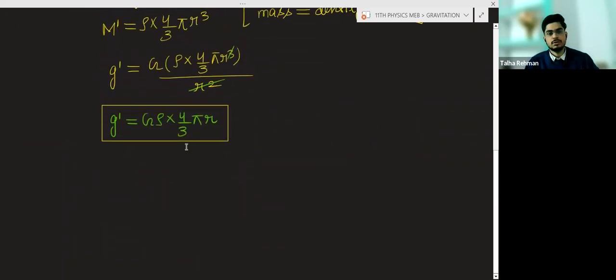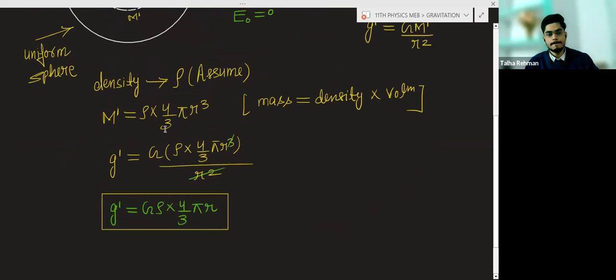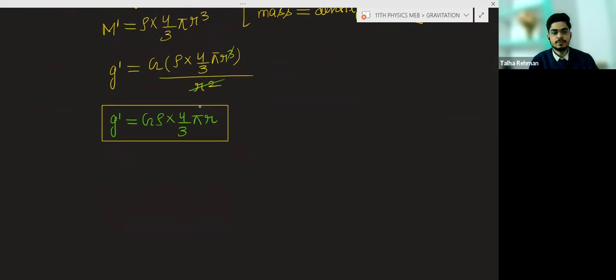So we can put the value of density here. From here we can get the density. Density is equal to m dash divided by 4 upon 3 pi r cube. So we can get g dash, that is equal to G, and density is equal to m dash divided by 4 upon 3 pi into r cube, multiplied by 4 upon 3 pi r.